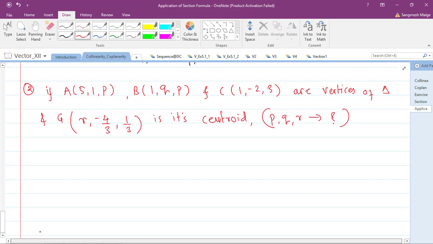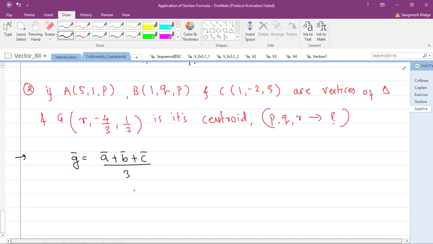This is the question. This is the centroid question of the triangle, and it's very, very simple. We know that g bar is equal to a bar plus b bar plus c bar upon 3. These two vectors, the LHS vector and the RHS vector, are equal.